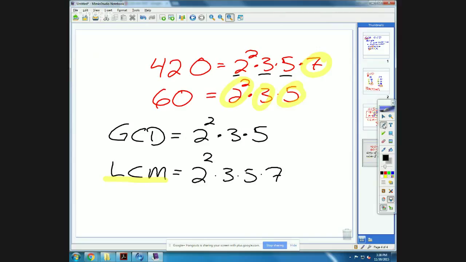Because one number is a factor of the other number, some interesting stuff happens with the LCM and the GCD. What's the GCD here? 60. And what's the LCM? 420. Just because one number went into the other number.